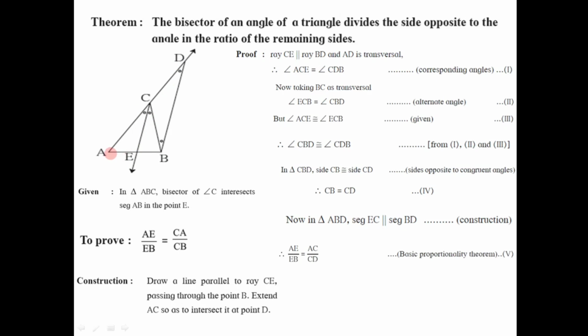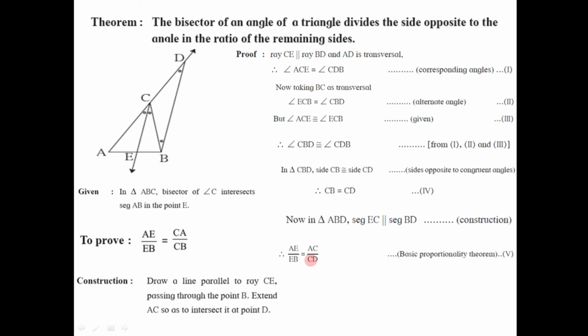That means the ratio AE divided by EB is equal to the ratio AC divided by CD. This is written by using the basic proportionality theorem, as equation 5. In this equation, instead of CD, we can write CB because we have proved in equation number 4 that CB is equal to CD.